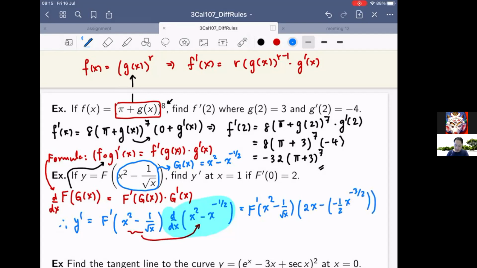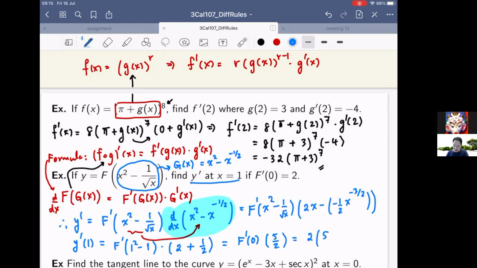But then you need to find your y prime at a particular x equals 1. As you replace x by 1, this one becomes 1 squared minus 1. And then this is 2 plus 1/2, but your f prime at 0 is given. 2 plus 1/2 will be 5/2, and because f prime at 0 is given there, you get 5 as the derivative of this function.